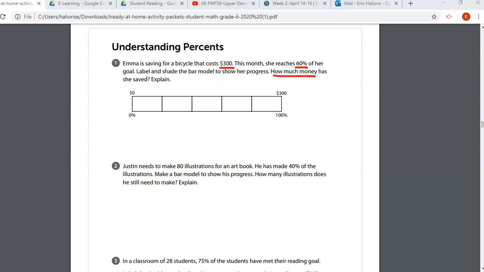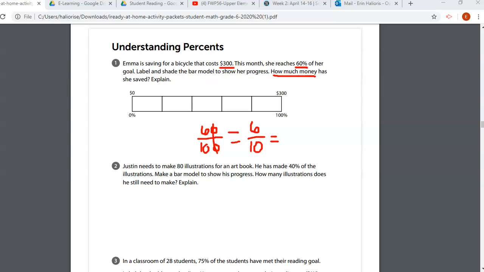So 60% of 100 would be 60 over 100, which we can reduce to 6 over 10 by simply crossing off these 2 zeros because they both have a 0.